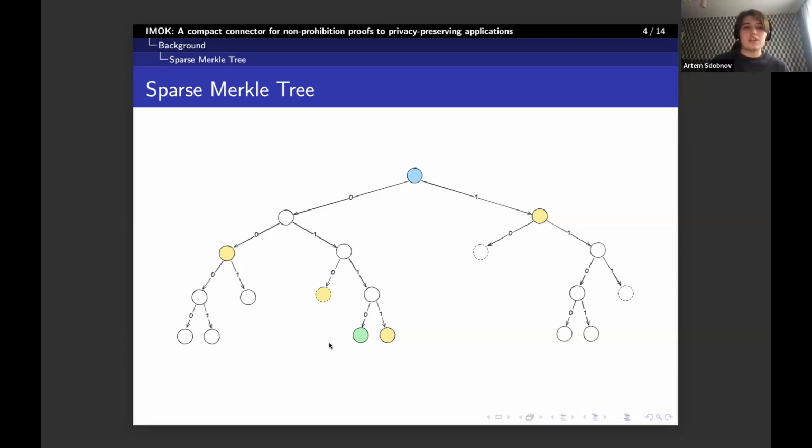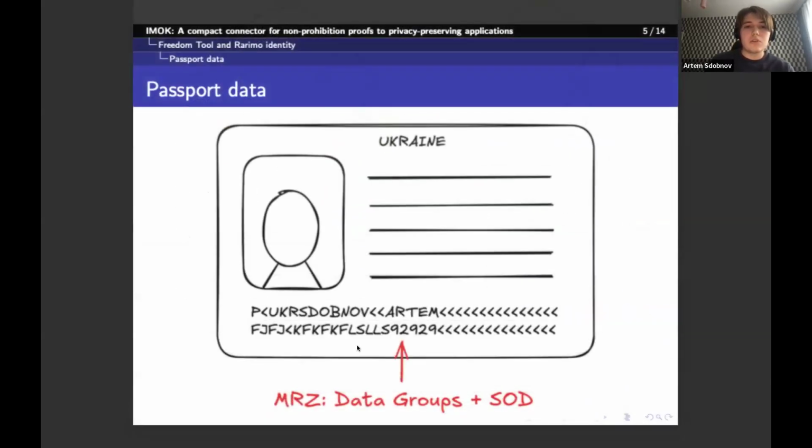Such a structure as a sparse Merkle tree allows you to efficiently add new leaves to the tree, also delete and change leaves, and as I've already said, it allows you to make inclusion and exclusion proofs. So yeah, let's move on.